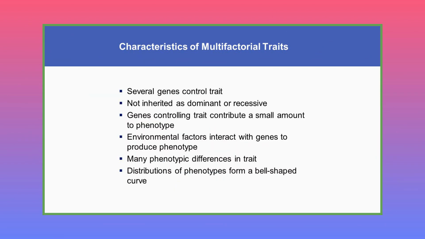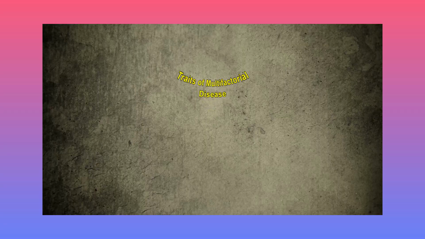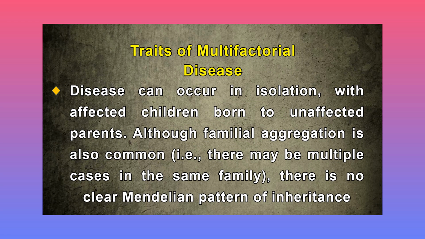Dear students, let's now discuss the characteristics of a multifactorial disease. A multifactorial disease has a combination of distinctive characteristics that can be differentiated from clear-cut Mendelian or sex-limited conditions. These traits include: the disease can occur in isolation, with affected children born to unaffected parents. Although familial aggregation is also common, that is, there may be multiple cases in the same family, there is no clear Mendelian pattern of inheritance.